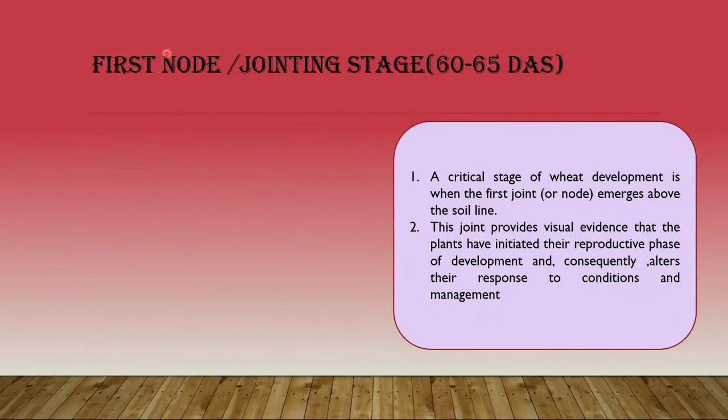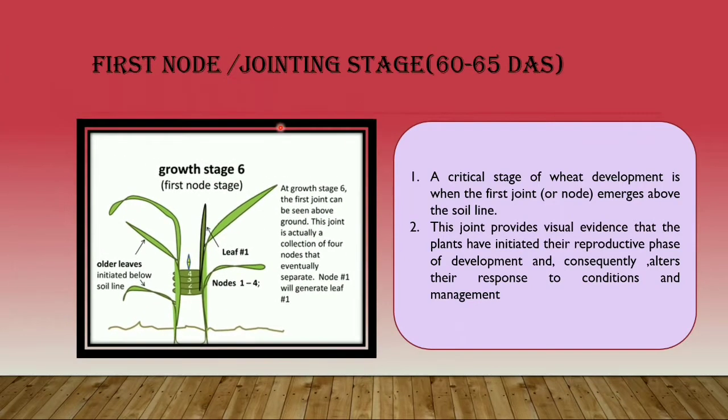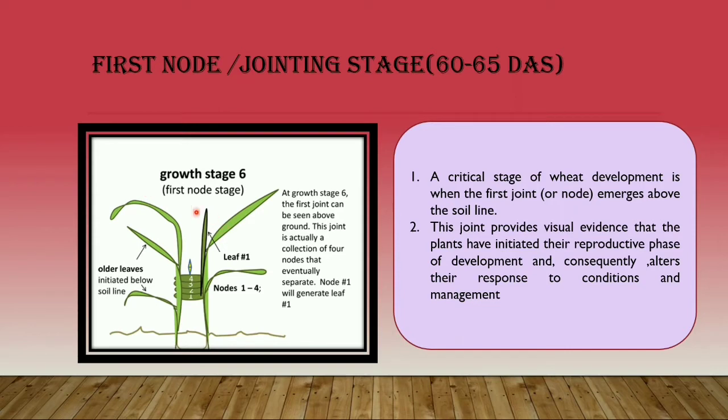Coming to the first node jointing stage, which occurs at 60 to 65 days after sowing, it is the sixth growth stage and first node stage.